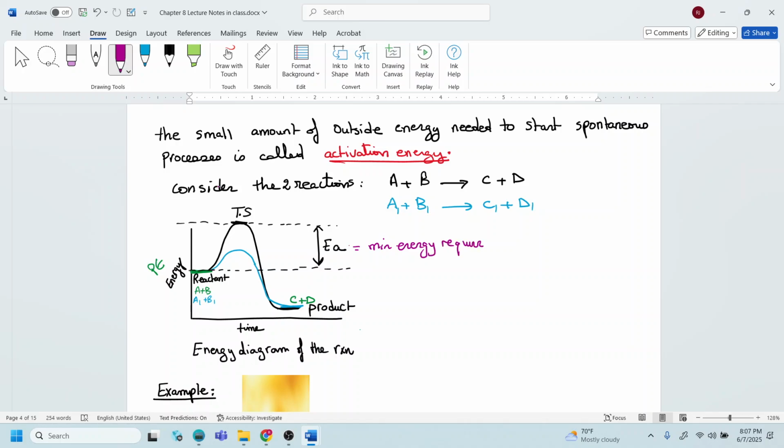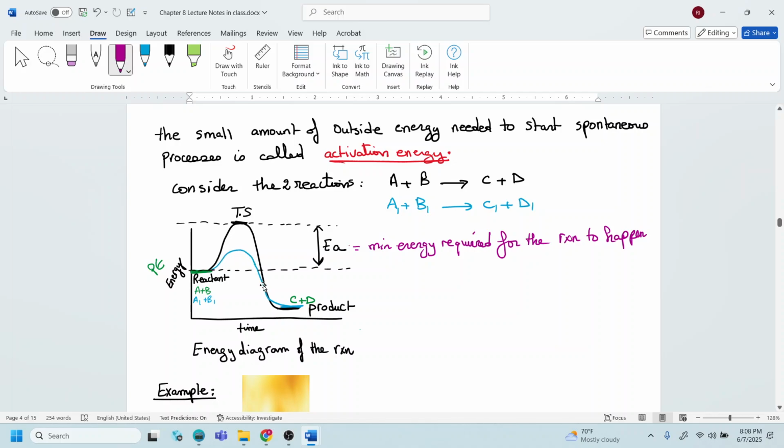So it gives me information about the energy barrier of the reaction. The activation energy of my first reaction is between the transition state and my reactant, so it's this distance over here. Simply, you can read it from this graph. It tells you the activation energy.